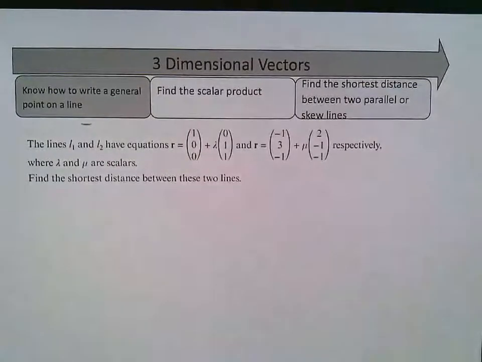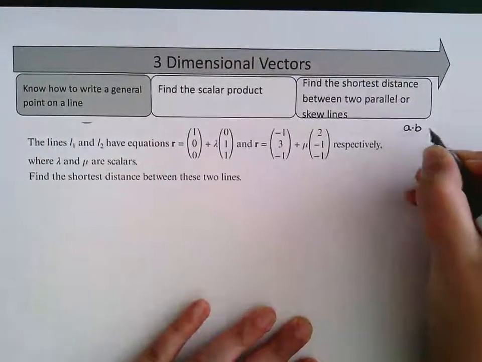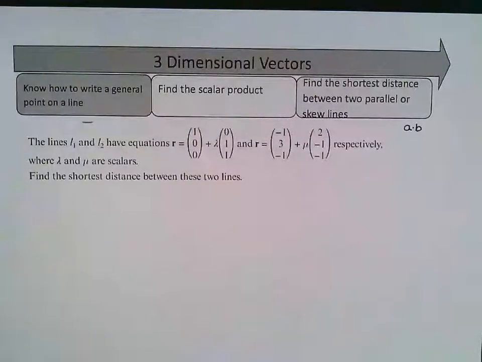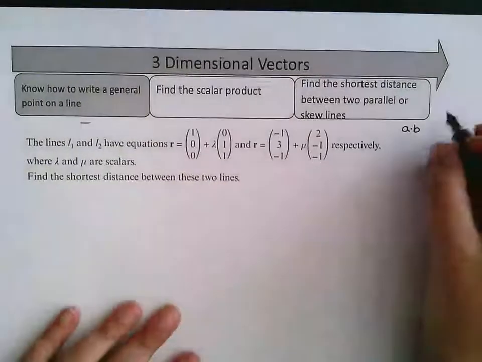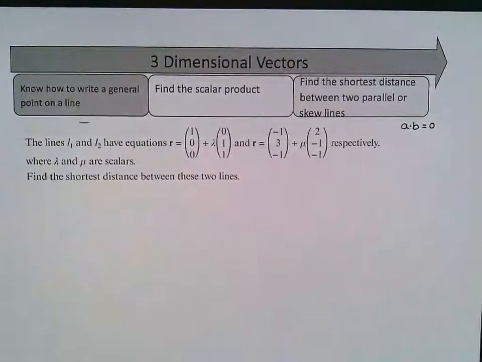Because they meet each line at 90 degrees, I already know that if I did the dot product between one of the lines and the shortest distance between them, perpendicular lines have a dot product of 0. So this will certainly be coming in.